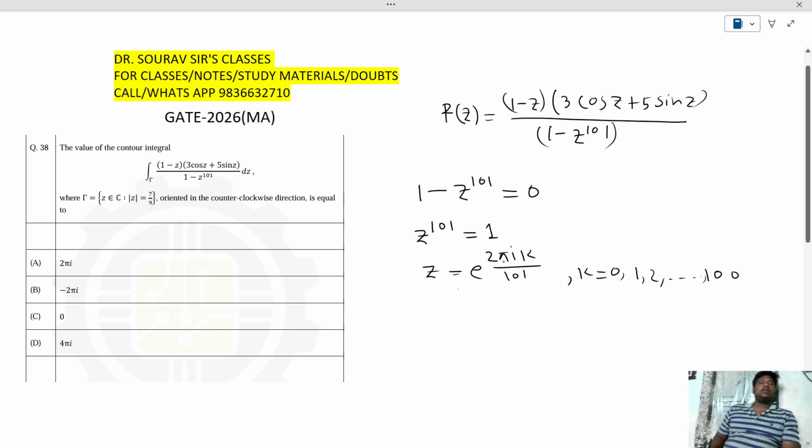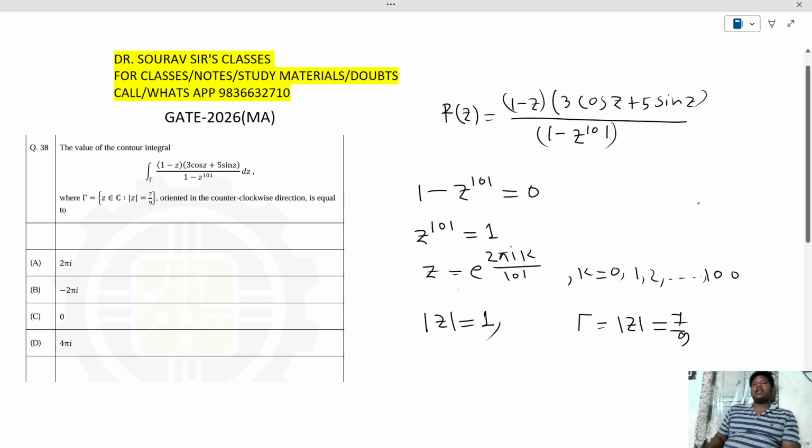So these are the zeros of the denominator part, but we see that all the zeros are of unit modulus, and the given contour is mod of z equals 7 by 9.